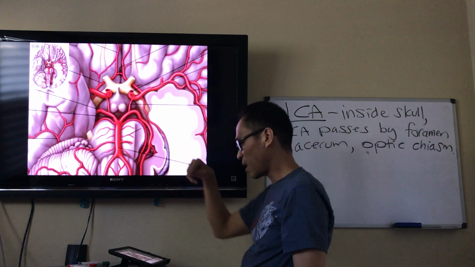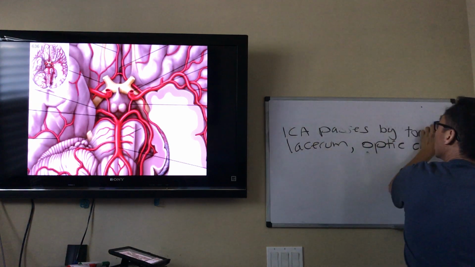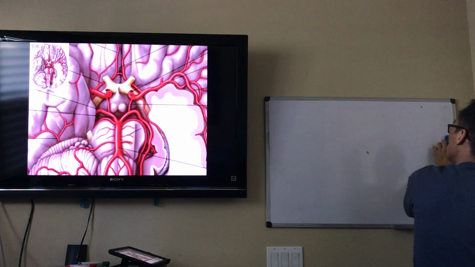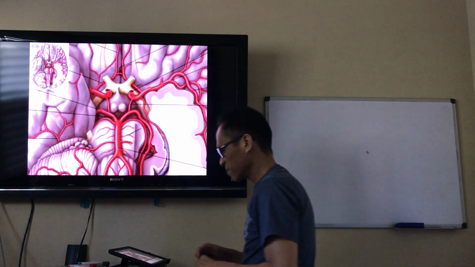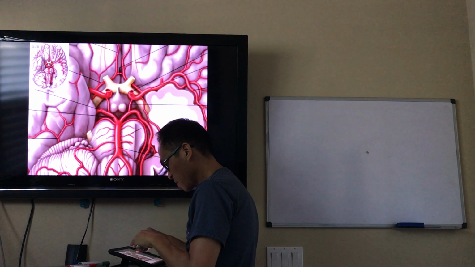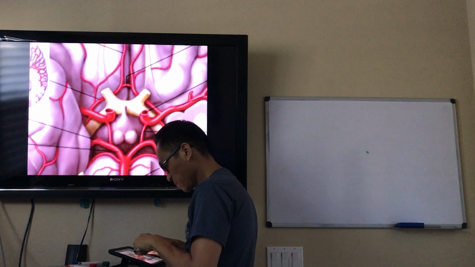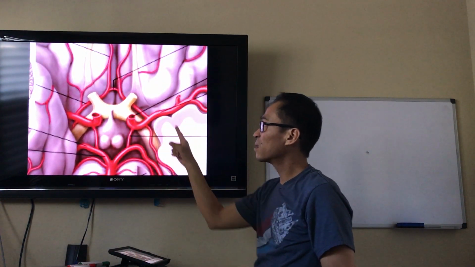Okay, so let's talk about this. Zoom in a little bit. We call this the circle of Willis.